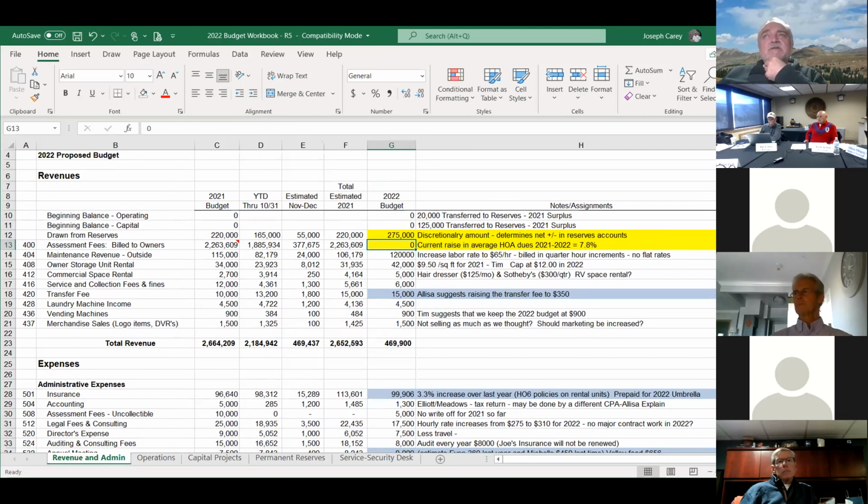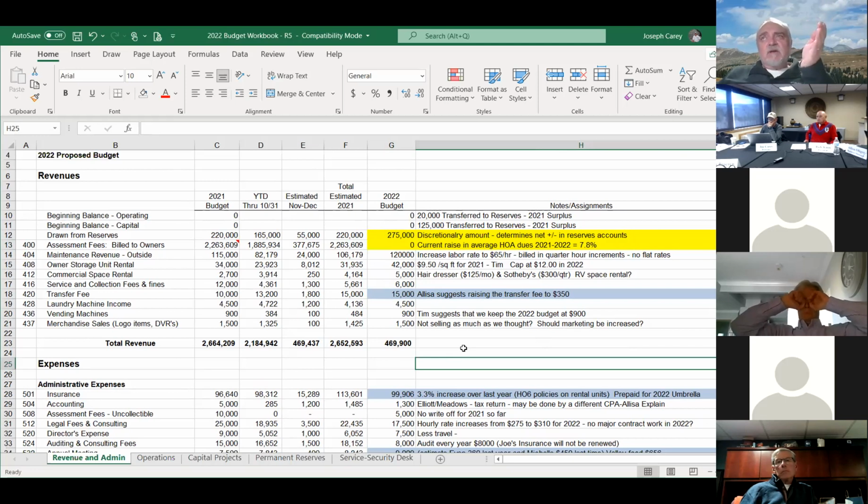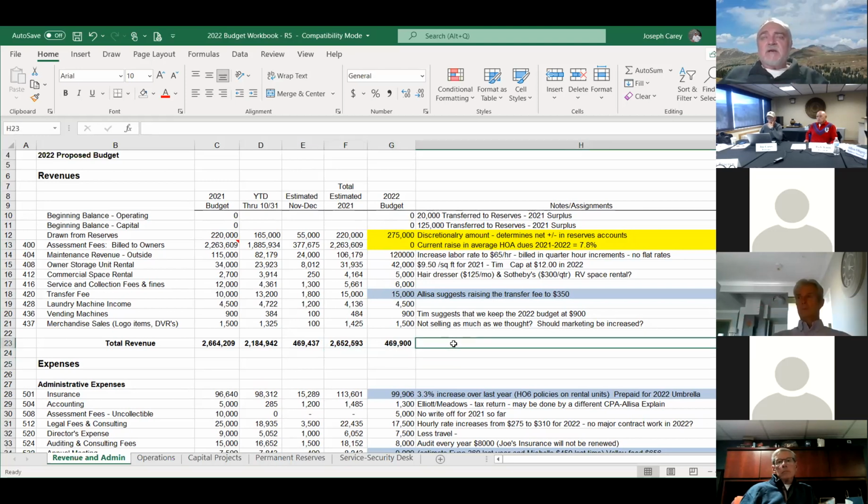Right, but what I'm saying, Joe, is when we have contribution to reserve to put in the budget, right now it shows that the reserve balance is not changing much projected for 2022. And I thought the reason for that was that the assessments were going to go up too much. But that says to me that now we could afford to put money into reserve contribution for 2022 and tolerate a nominal increase in regular assessments. Could certainly do that. I'd like to hear what other board members think.